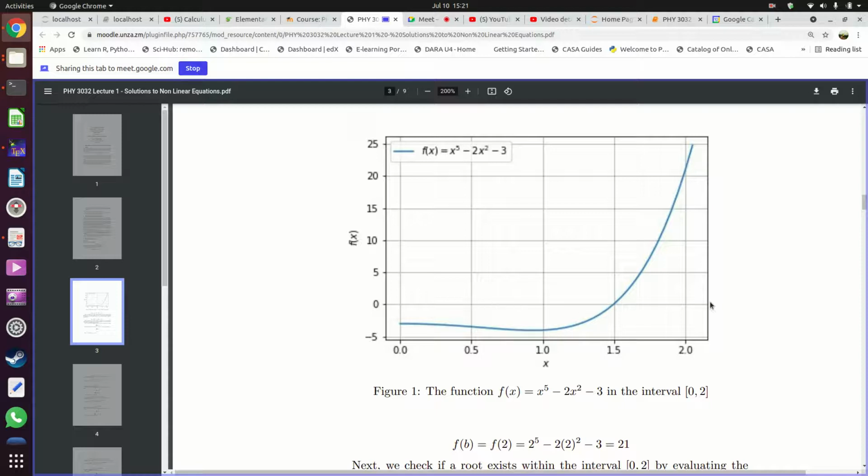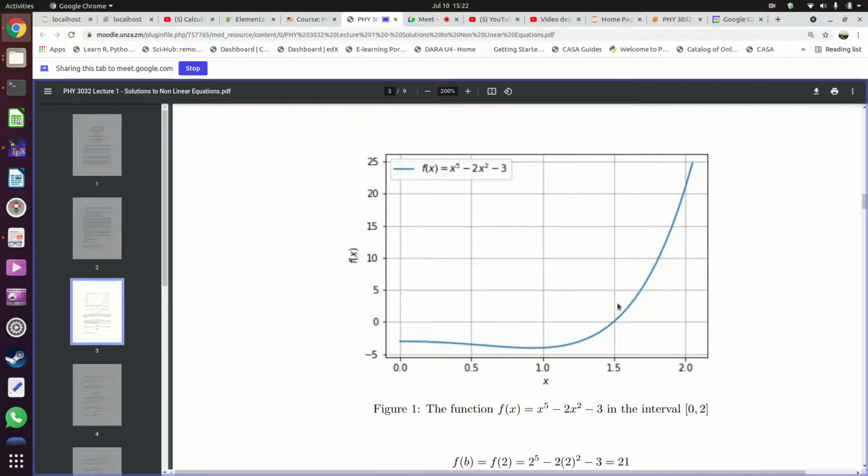So using the values I've chosen here, 0 and 2, I'll come up with a new guess value. I'll keep on shrinking this interval until it is very, very small, only enclosing this bit here. Until we have got a very, very small interval in which this function is going to pass. Then we use that interval to guess what the value is supposed to be.